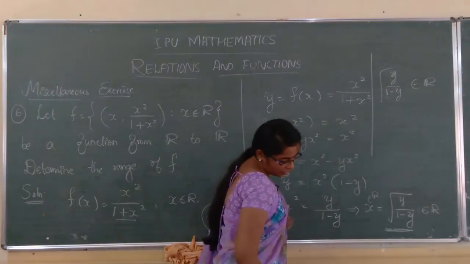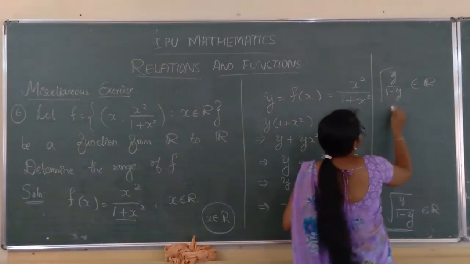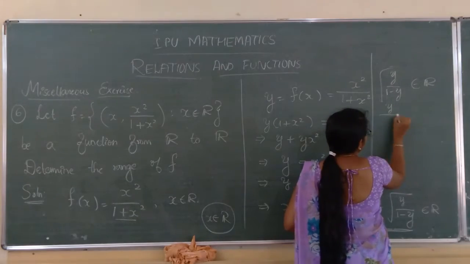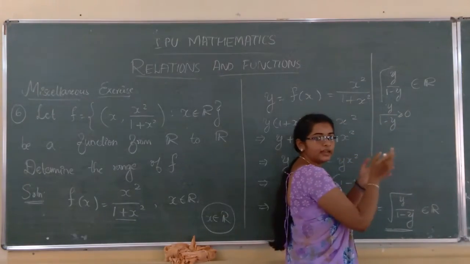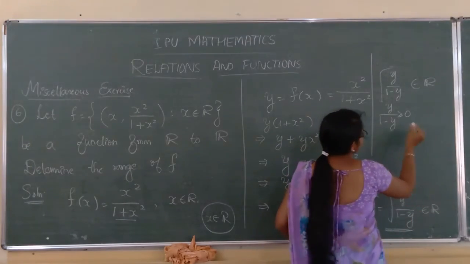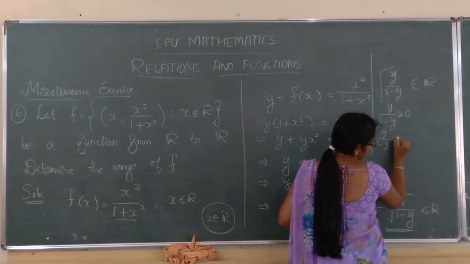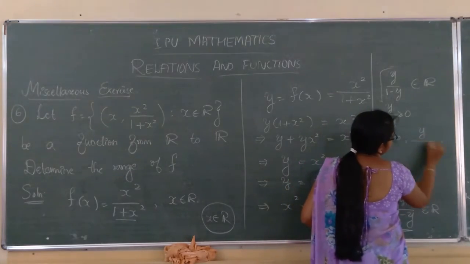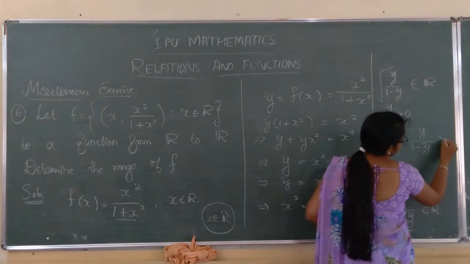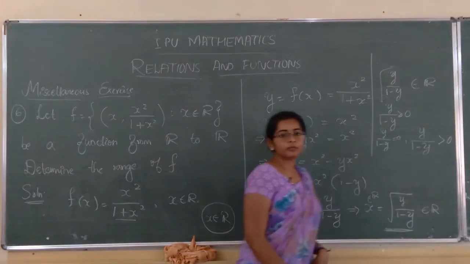That is y divided by 1 minus y should be greater than or equal to 0. I will split it into two cases. One is y divided by 1 minus y equal to 0, and the other is y divided by 1 minus y greater than 0.